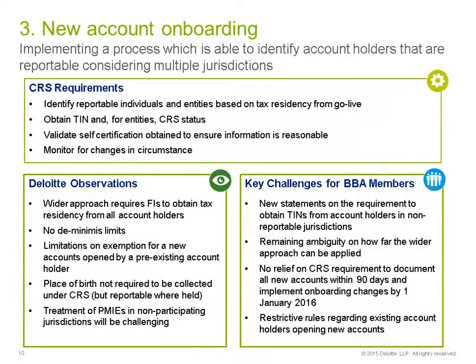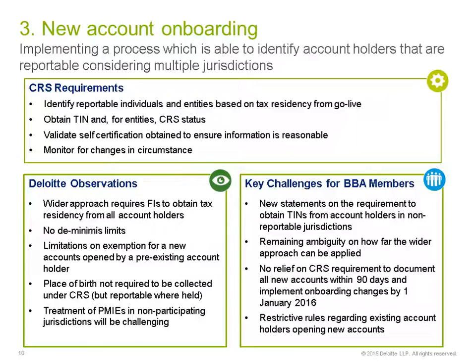And now I want to move on to really some of the more meaty topics, really around the new account onboarding requirements. So at a high level, what CRS is requiring financial institutions is to obtain additional information on their individual and entity customers to identify their tax residency from 1 January 2016.